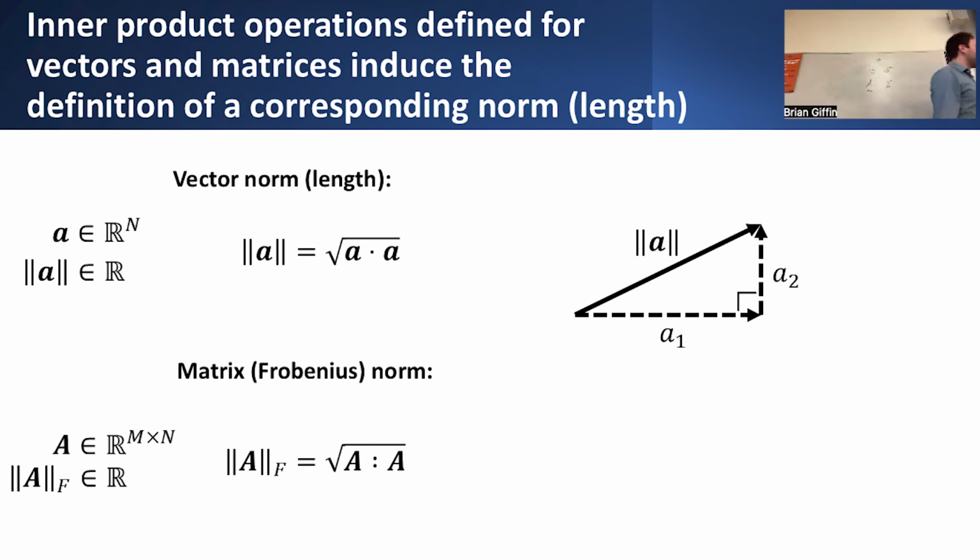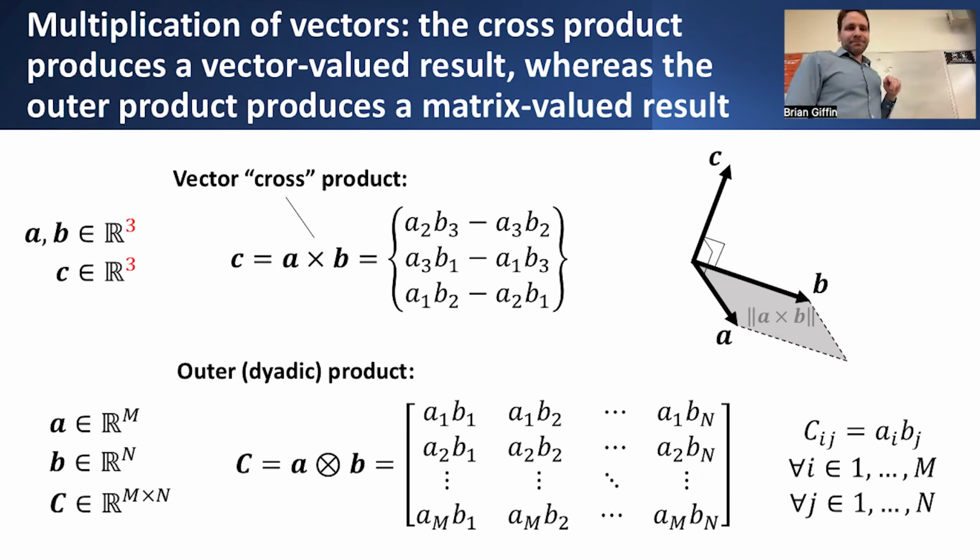And it'll give you sort of a measure of the size. The notion of length in the case of matrices is a little bit less well defined, and there isn't as much of a physical intuition, but as is the case in a lot of domains of mathematics, these concepts can be abstracted and played around with in kind of weird ways. All right, so that's the notion of norms.